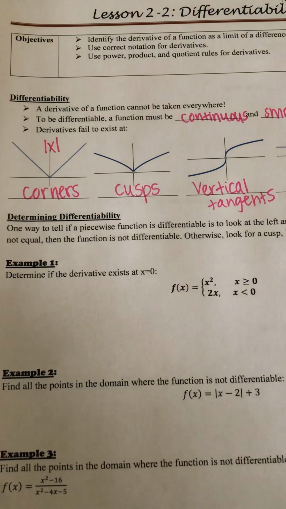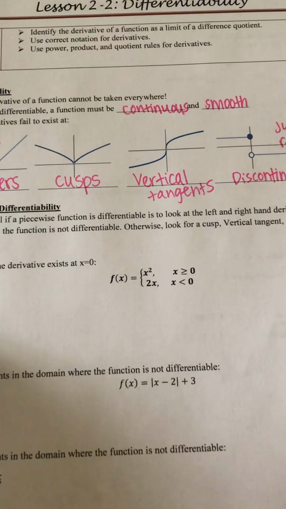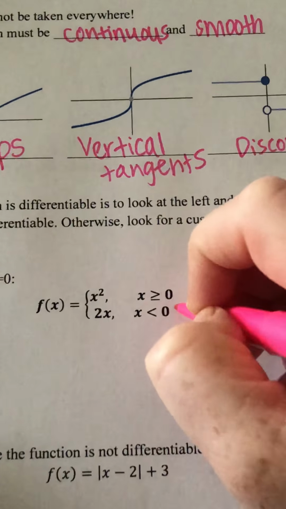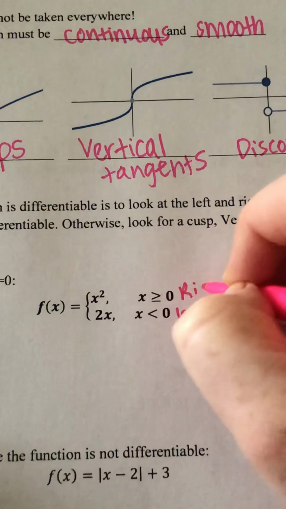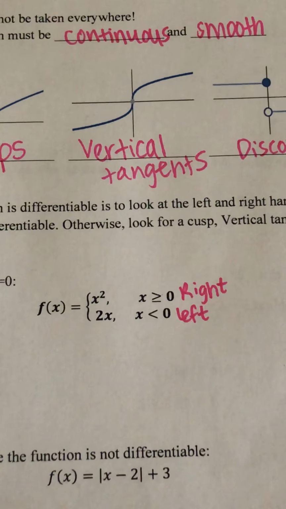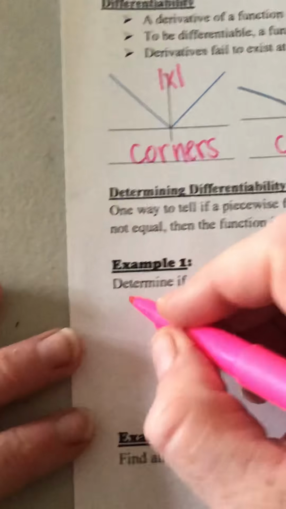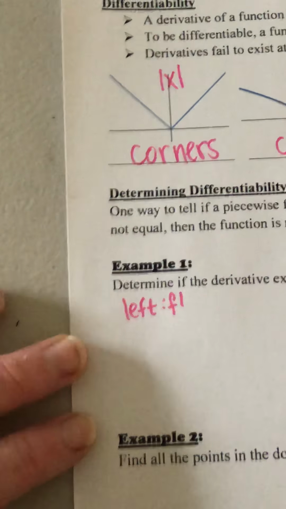So we're going to take the left hand and the right hand derivative, which means the left side would be less than 0, and the right side would be greater than or equal to 0. Let's see what they end up being at 0. For the left side, let's find that f prime.